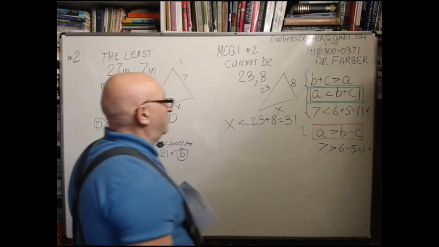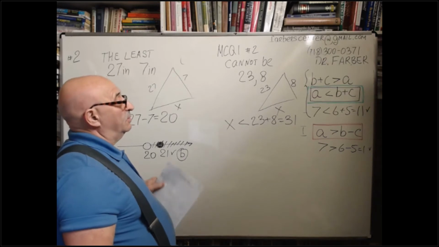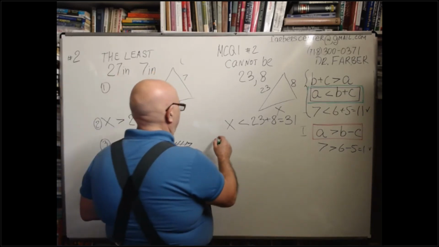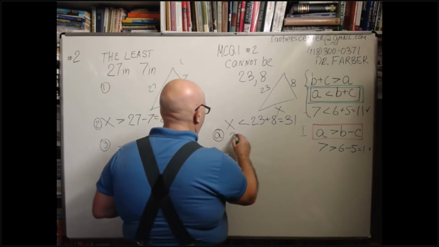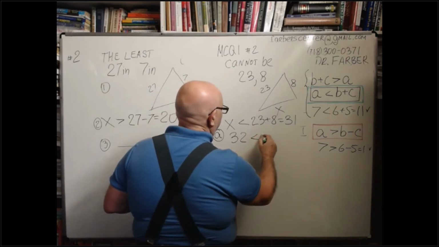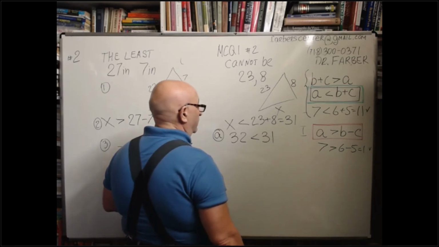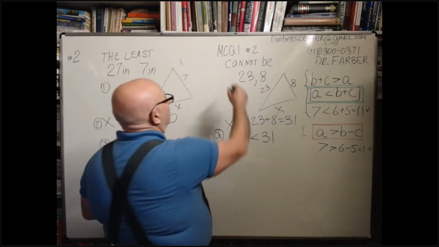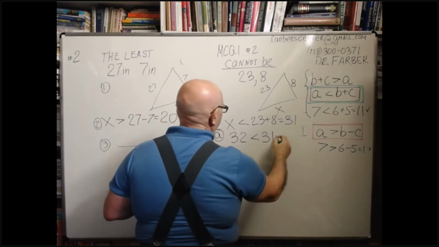So I look at the multiple choice for any number which is less than 31. I'll show how to use two inequalities, but for this it is enough. Look at A, Nathan. 32. Is 32 less than 31? No. And this is a question with negation, so this is the answer.